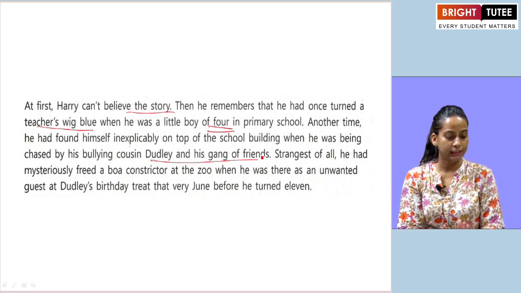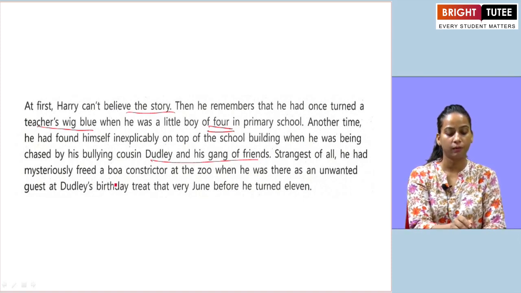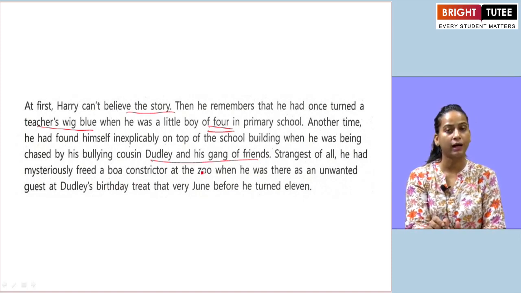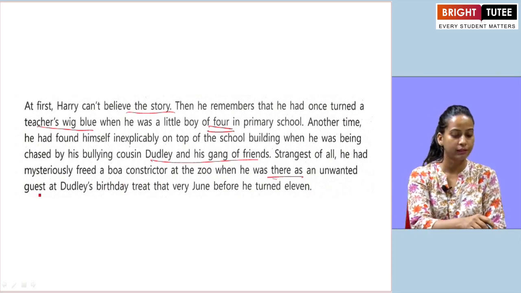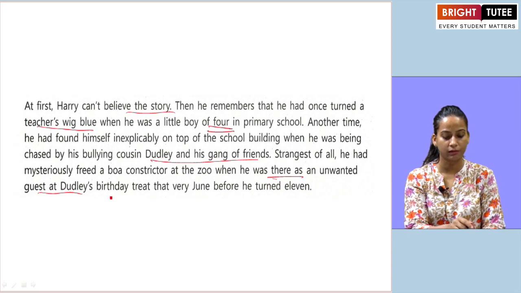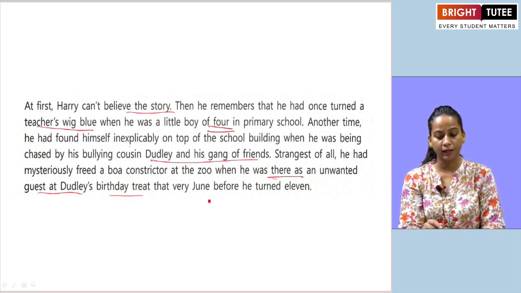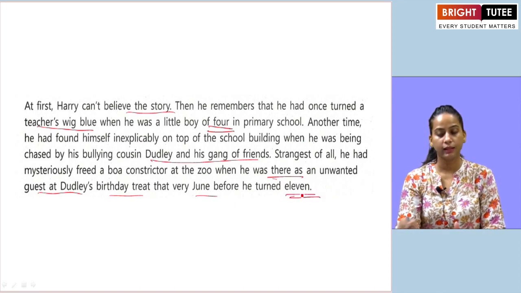Strangest of all, he had mysteriously freed a boa constrictor at the zoo when he was there as an unwanted guest at Dudley's birthday treat. That very June before he turned 11.